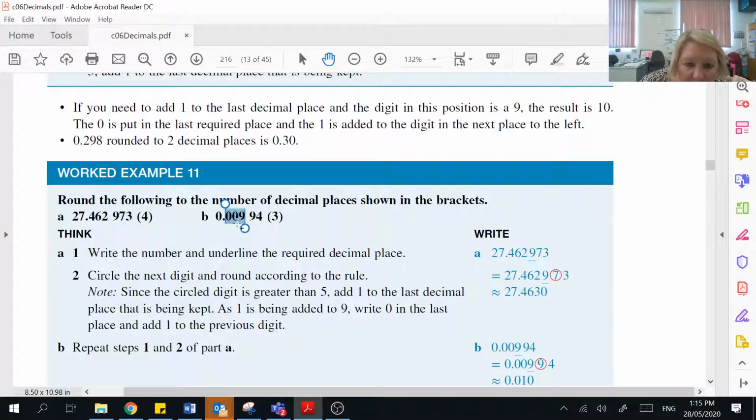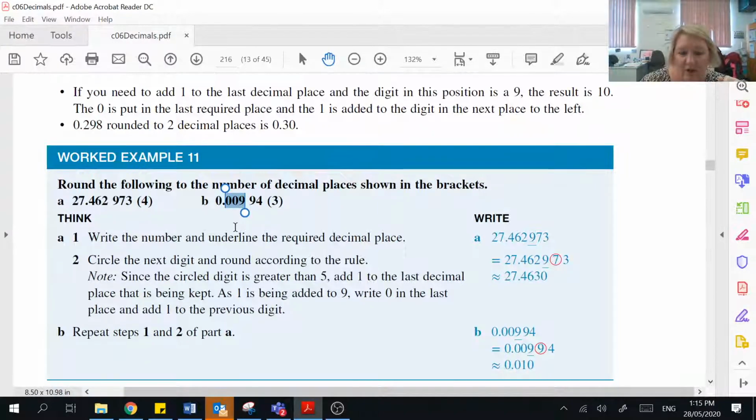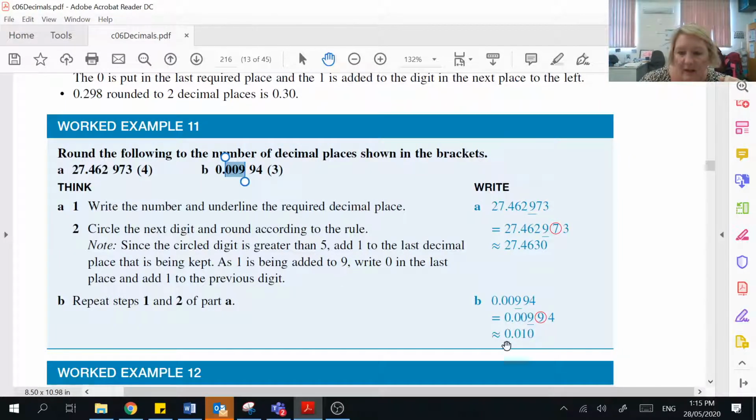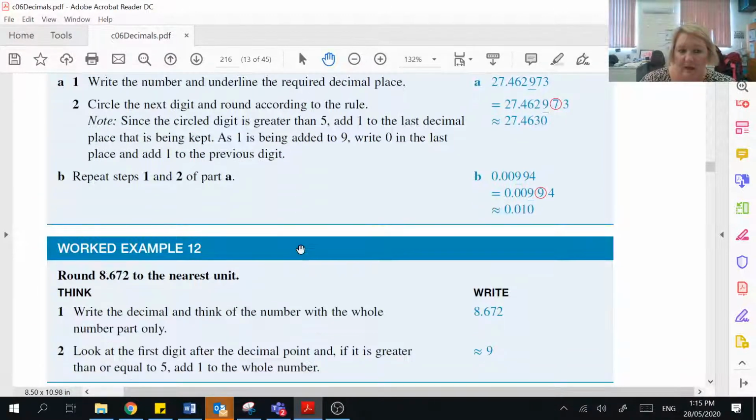So you would have a 1 in that middle number there in front of the 9, and the rest would be zeros. Let's go down and check if we're correct. 0.010. Well done. So those 2 are a little bit more complicated. Feel free to have a look at them yourselves in a minute.